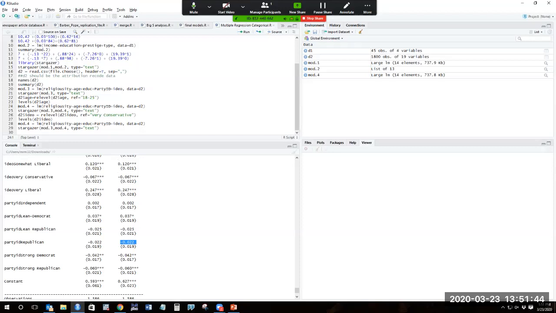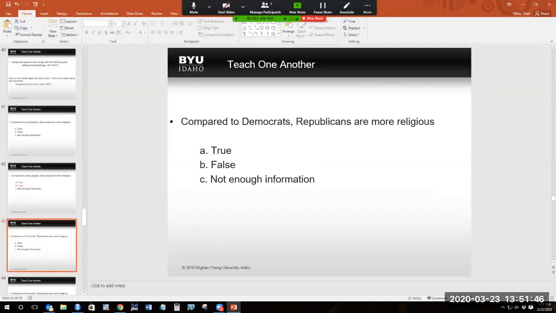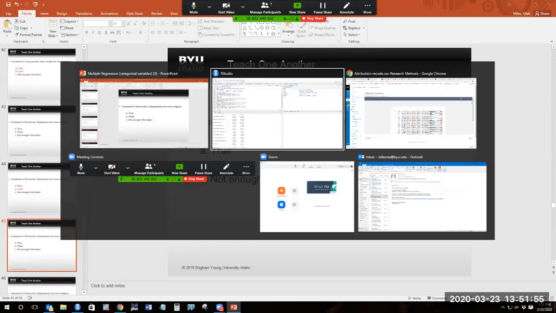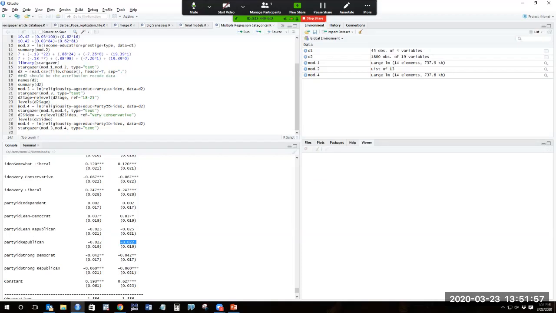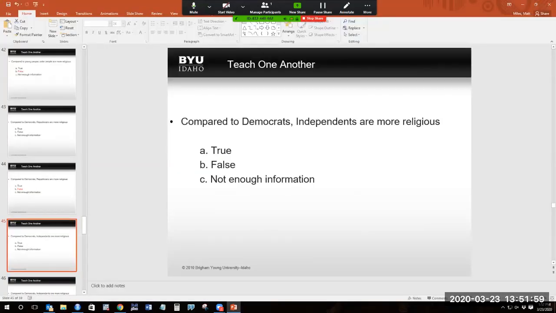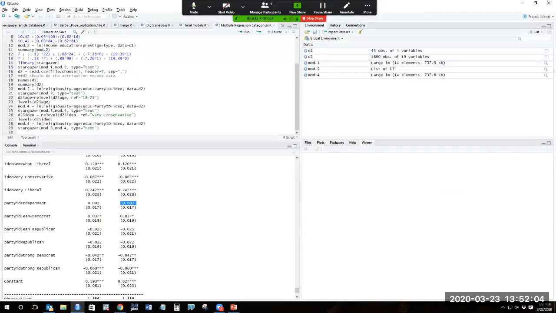They're exactly the same. Compared to Democrats, Republicans are more religious. That would be false. They are statistically the same. Compared to Democrats, independents are more religious. Okay, independents, statistically the same as Democrats. Independents are not more religious than Democrats.